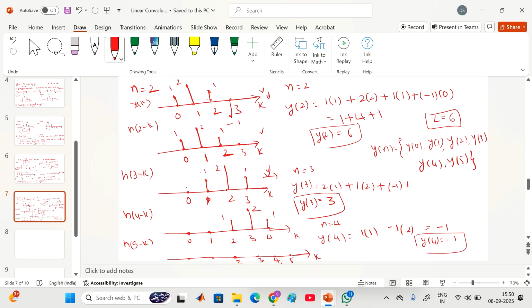So again this value will be shifted to the right side by one sample. So 1, 2, 1. Now y of 5 is equal to, so I have only one common slot, that is minus 1 into 1, that is minus 1. So these are the values of the output sequence.